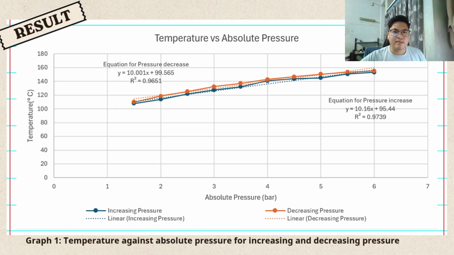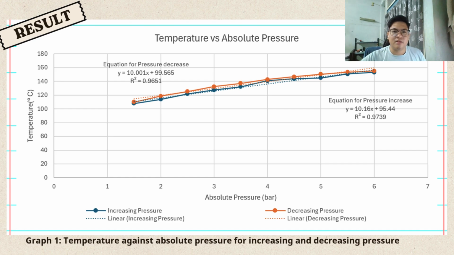This is the data that we plot into the graph, which is the temperature against the absolute pressure for increasing pressure and decreasing pressure. So we add the trend line and the equation of the line so that we can see what is happening here.